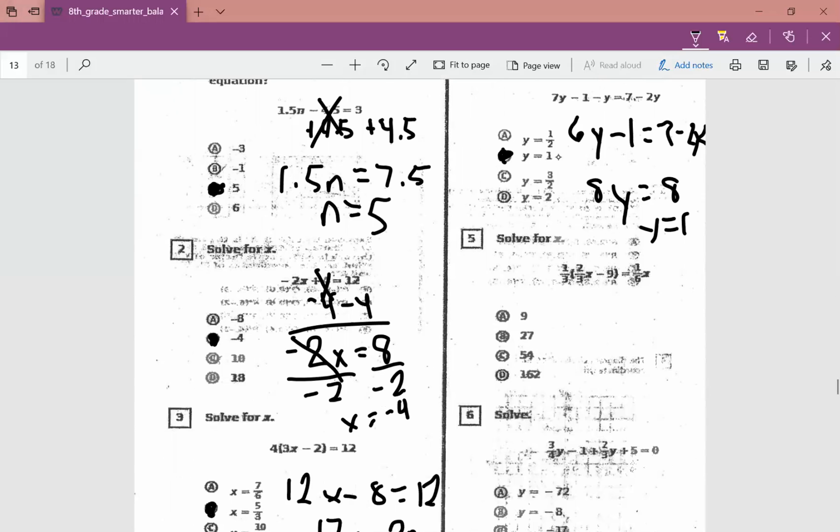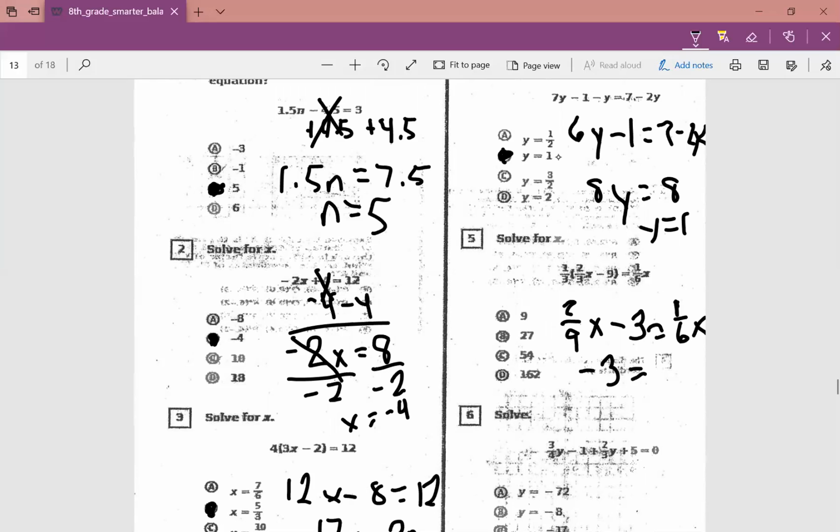Going down to number 5. Solve for x. 1/3 times 2/3 x minus 9 equals 1/6 x. So here you're going to have 2/9 x minus 9 over 3, which is 3, equals 1/6 x. I'm going to subtract 2/9 x. Negative 3 equals 1/6 minus 2/9.